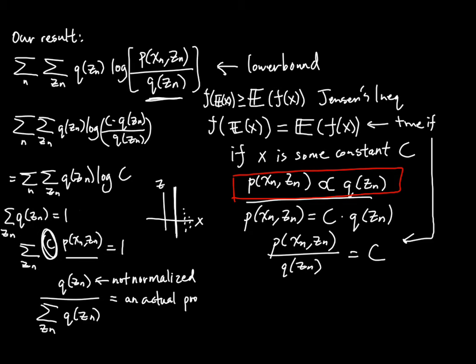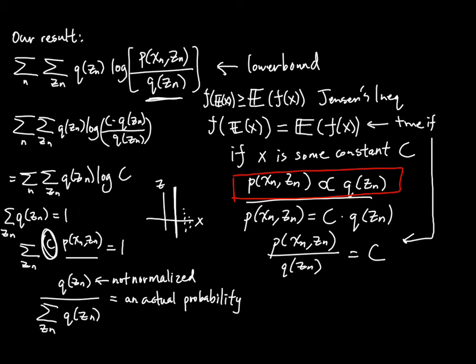Because if you think about it, this just means what fraction of Q of zn is it to the entire Q of zn summed up together? If you have one component, the second, the third, all the way up until the last component added together in this fraction, then it's representative of everything inside of this sum. So we get 1, and this is going to be an actual probability, right?